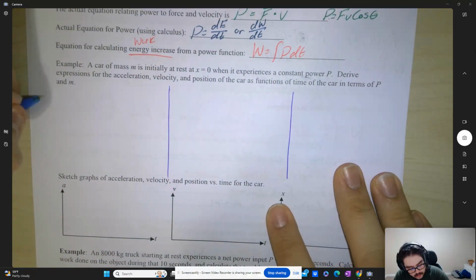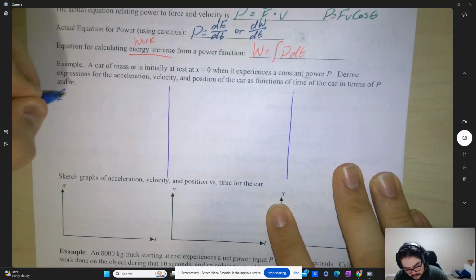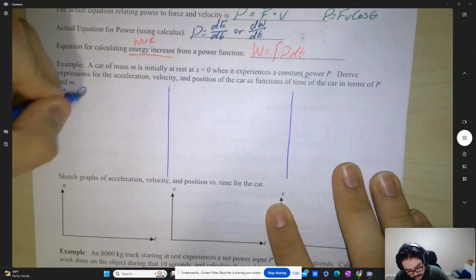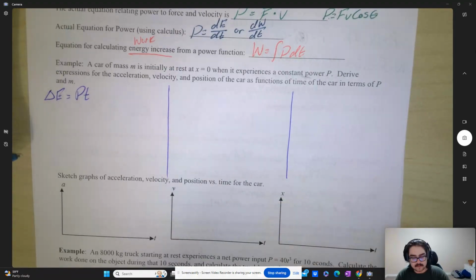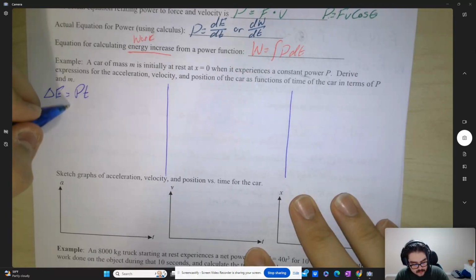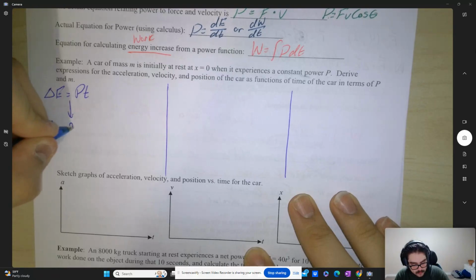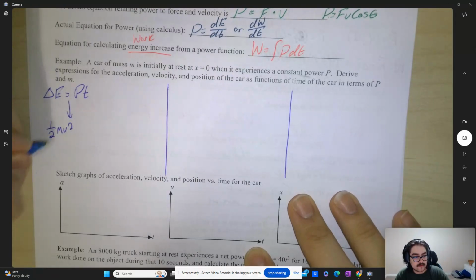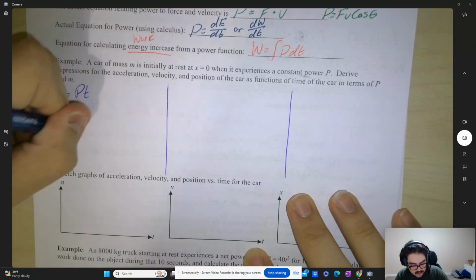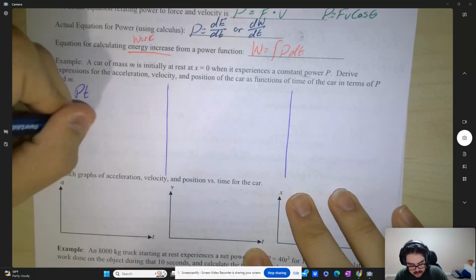So delta E is equal to p times t, power times the time it's applied over, and that turns into 1/2 mv squared because we're going from rest to moving.